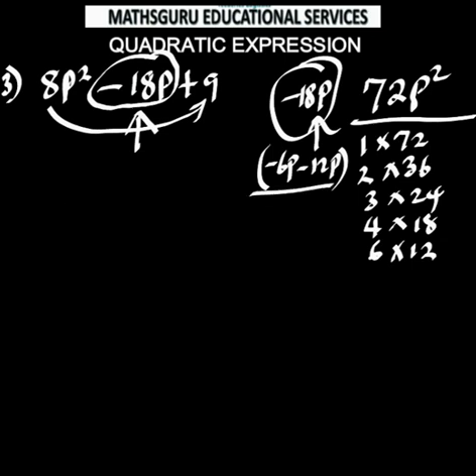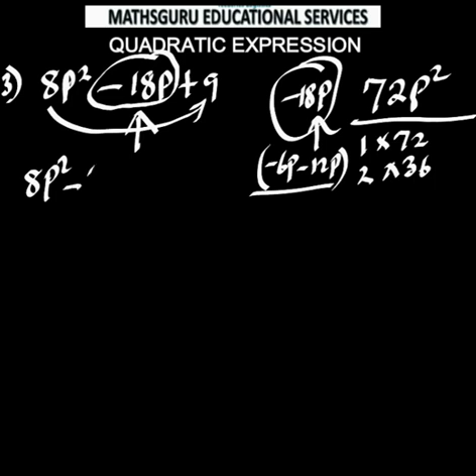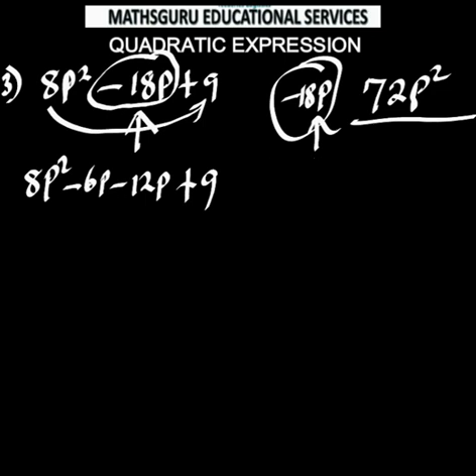So let's have our expression written well. We have 8p squared minus 6p minus 12p plus 9. All right, we are going to pair the expression now.